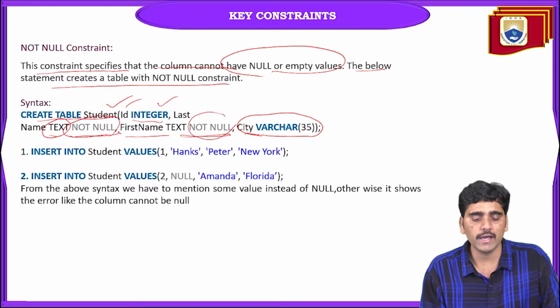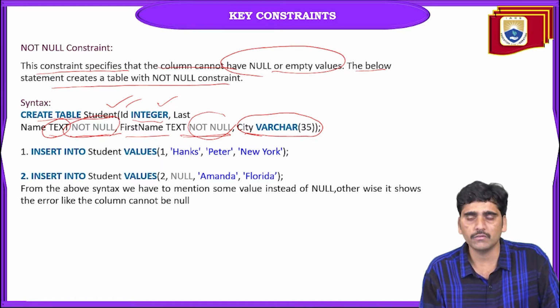For these two columns we are applying a not null constraint. That means indirectly we are saying that the first name and last name columns should not be empty. They should have some values. If you apply the not null constraint to a particular column, you have to enter some values for that column.